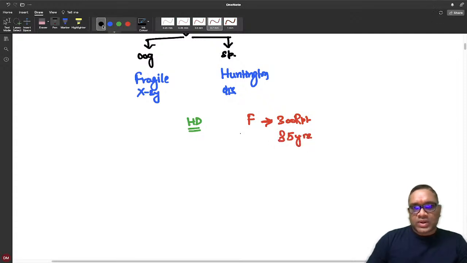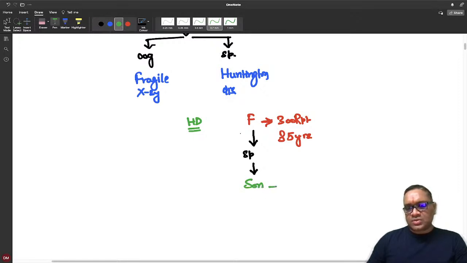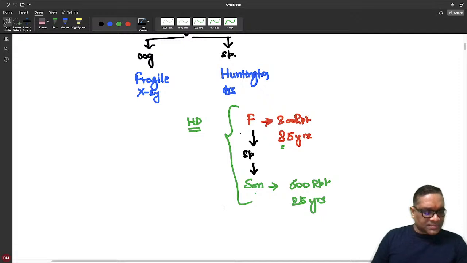What is going to happen when he has spermatogenesis is that the number of repeats will increase. Now when you see his son, the son has acquired say 600 repeats, so the number of repeats has increased, the severity of the disorder will be increased, and the onset age is also earlier, 25 years. So this is the entire process.